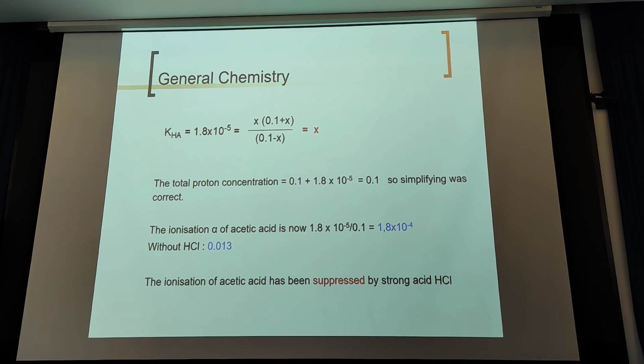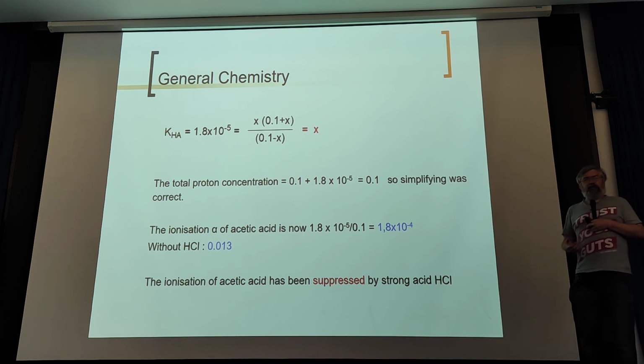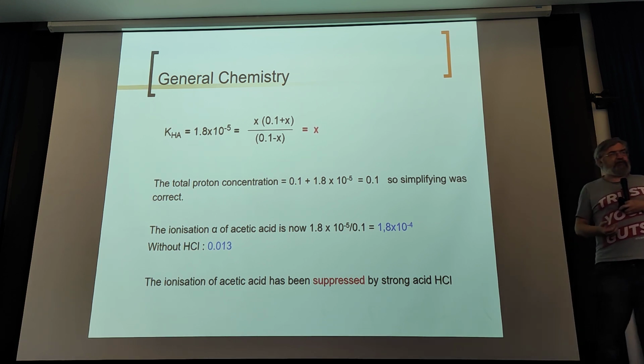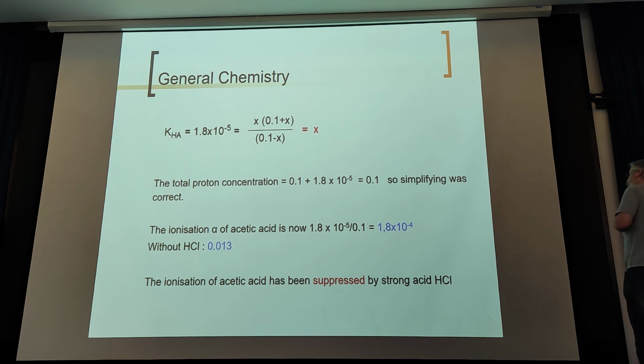So the statement that the strong acid suppresses the ionization of the weak acid is certainly true. In this case, ionization of acetic acid is suppressed by the strong acid HCl.